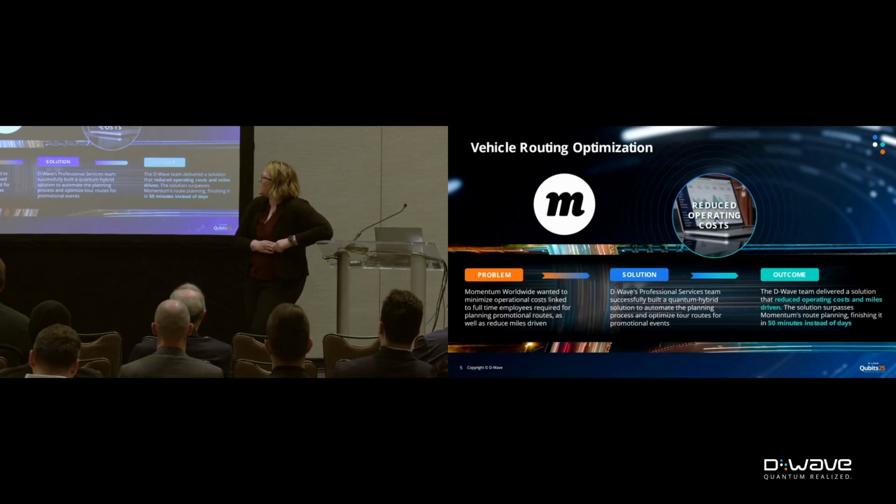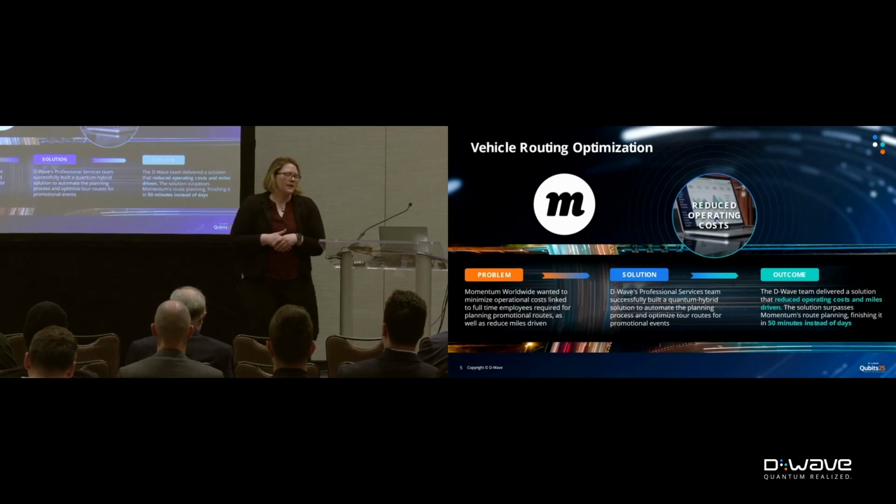This was some work that we did last year with Momentum Worldwide. It was a routing-based problem for a marketing campaign where they wanted to go from different cities and set up different sorts of resources. So we worked with them in our professional services team to build a model and do some benchmarking about the best way to allocate those resources along the different routes.